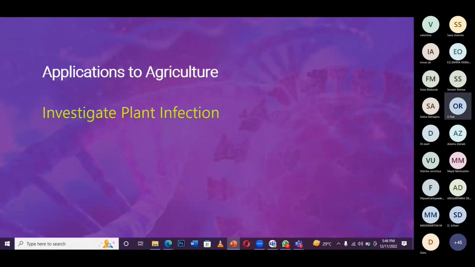These microorganisms are affecting those plants, not just in Africa alone, but even in other geographical areas.